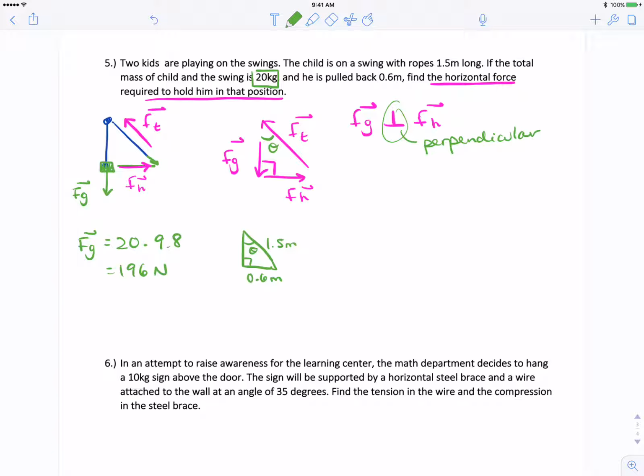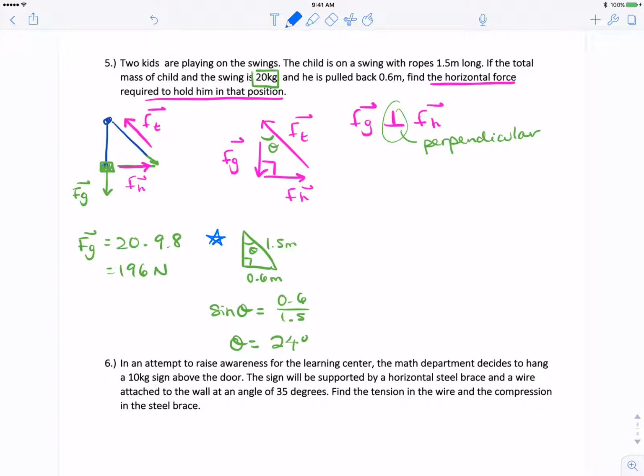That's why I find opposite over hypotenuse, so sine of theta is 0.6 over 1.5. Inverse sine, and I get theta is 24 degrees. This is kind of that key step here, because you can't really move forward until you solve for theta. So you have to use the length measurements to get that theta.